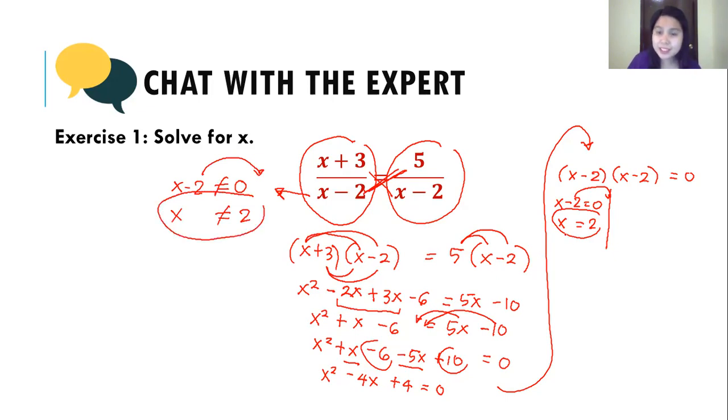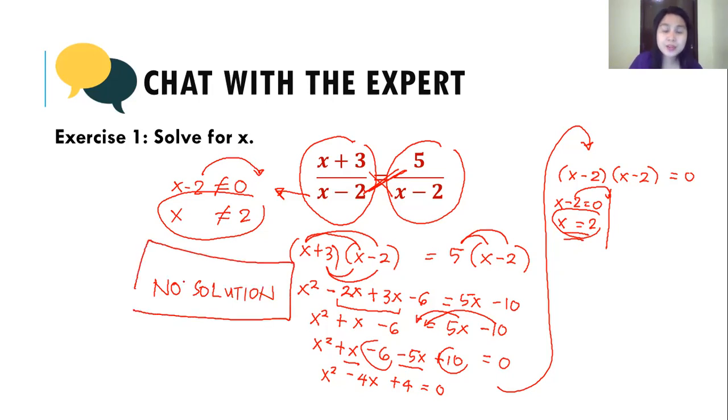However, our answer is x is equal to 2. So what will happen? Then we say that this has no solution. What do you mean by no solution? There is no answer, or there's no number that will make the equation correct. So the solution does not exist.